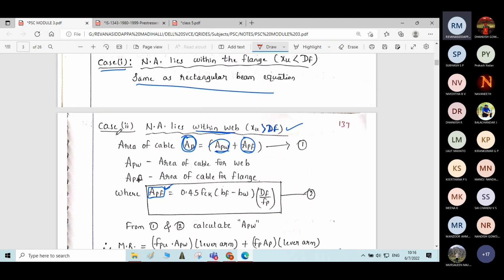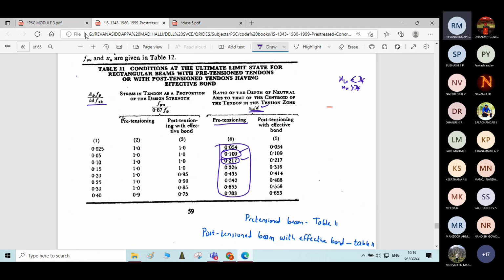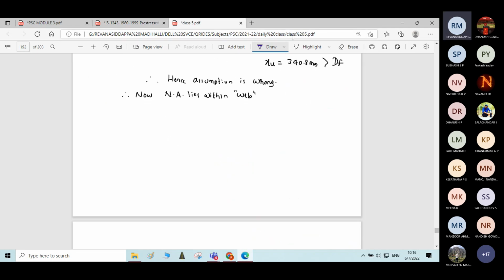Case 2, neutral axis lies in the web. We need to utilize this formula. This formula is not given in the code book. You need to remember this formula, students.